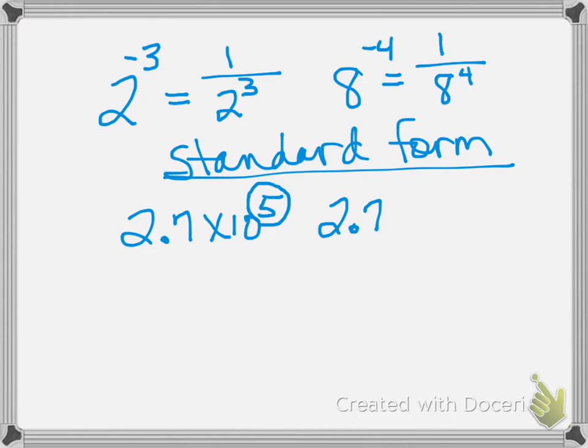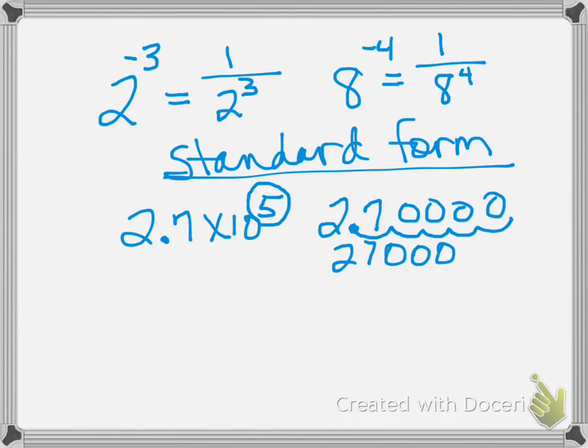When it's a positive exponent, you move that decimal 5 places to the right. 1, 2, 3, 4, 5. Filling those empty places with zeros. Then I'd write my 27 and my 4 zeros and go back and put my commas in. 270,000 would be the result.